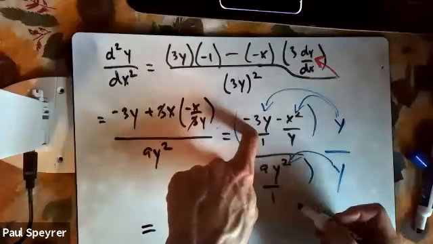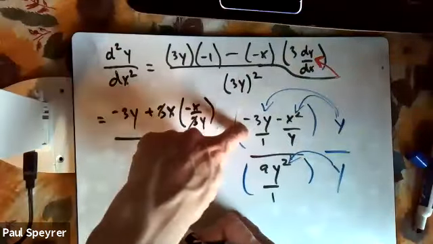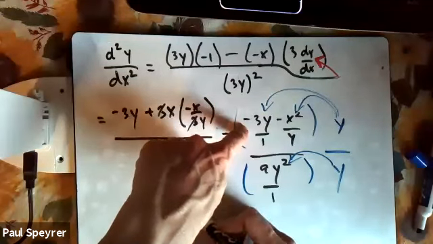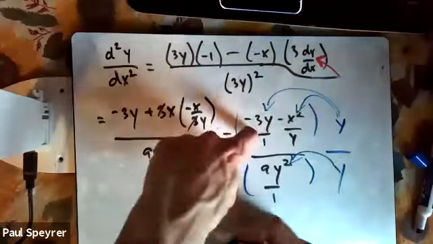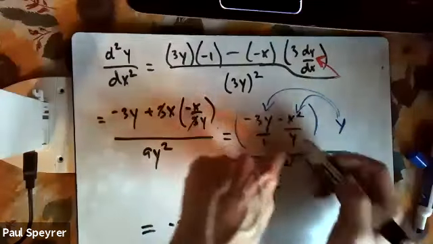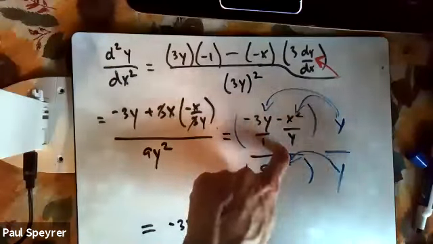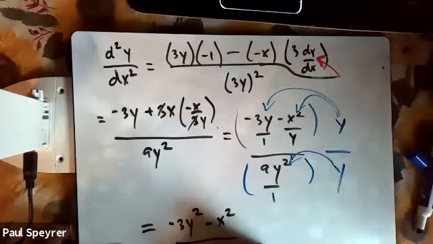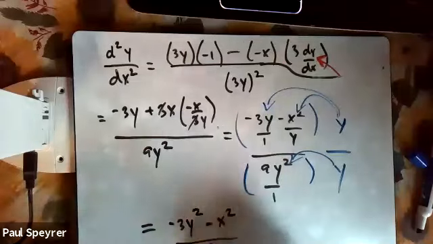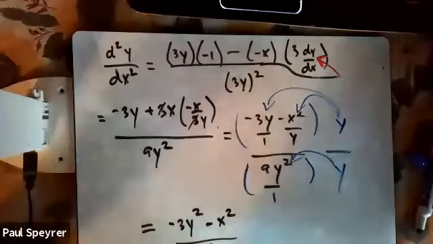Negative 3y times y is negative 3y squared. Negative x squared over y times y, that's just minus x squared. The y's got knocked out, right? They reduced. And then in our denominator, we got 9y cubed, just like that.